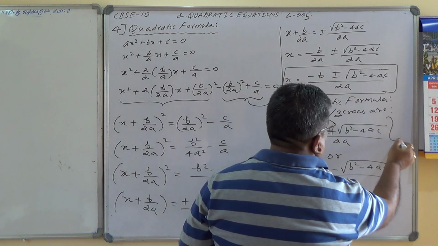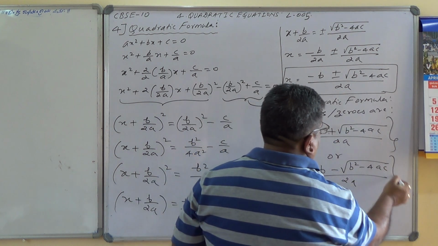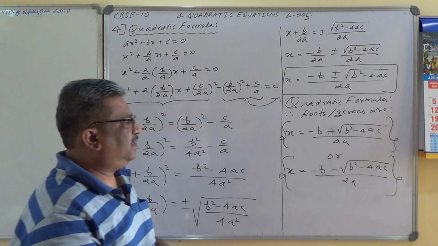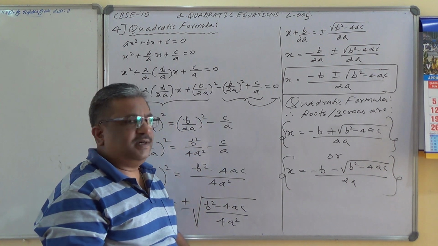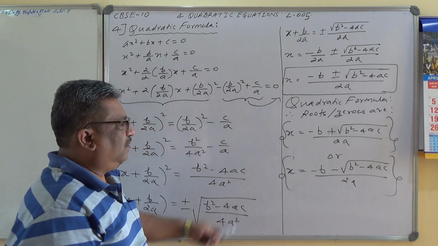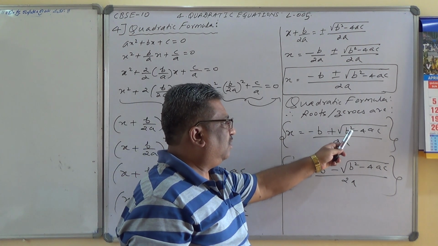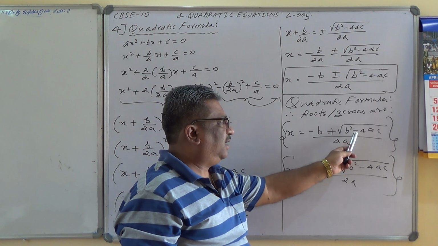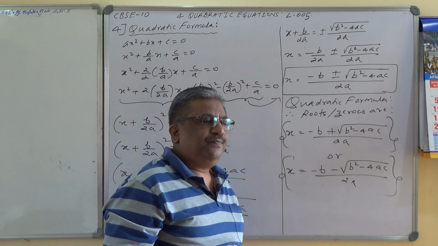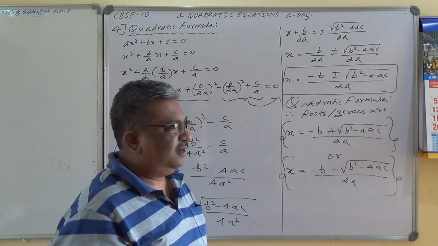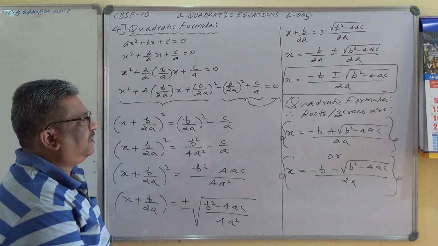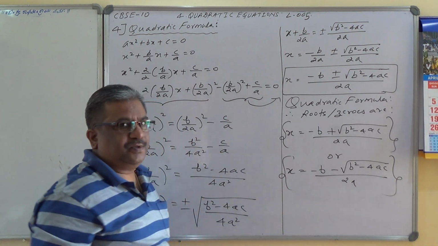So this is one value of x, this is the other value of x. This is how we get the quadratic formula. First you note down, and this particular portion, under root of b square minus 4ac, whatever is there inside the under root, a particular name is there for that. First you note it down, and then I will discuss the quadratic formula and the nature of roots.